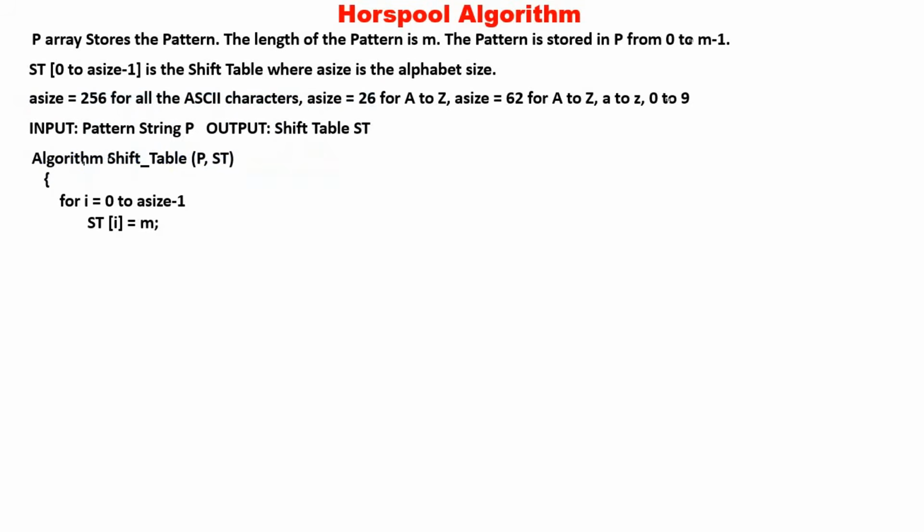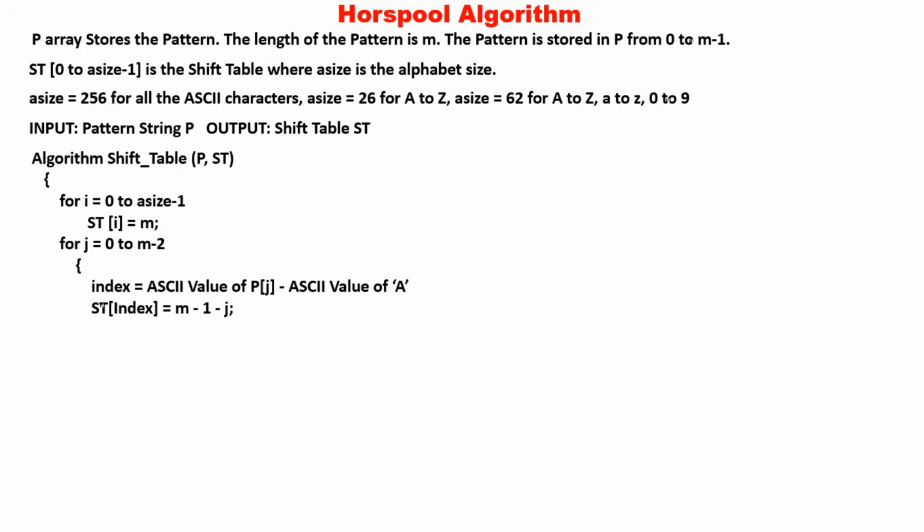Now j is equal to 0 to m minus 2. See, it starts from 0, it ends at m minus 2 because last character of the string we are not considering. If we were considering the last character also, then it would have been 0 to m minus 1. Since we are not considering the shift value for the last character, it is 0 to m minus 2.